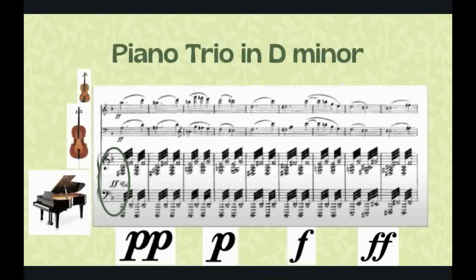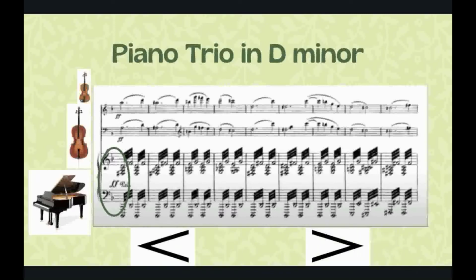So you're going to see a pianissimo at least once, a piano, a forte, and a fortissimo. So see if you can spot those, in addition to your crescendo and your diminuendo, those little hairpins. Find those different dynamics. It's kind of like an Easter egg hunt. All right, without further ado, piano trio in D minor.